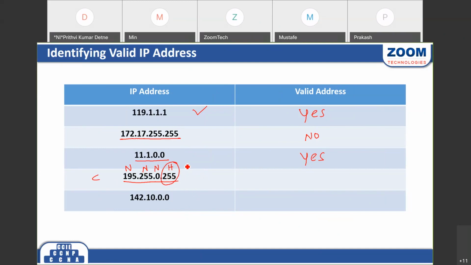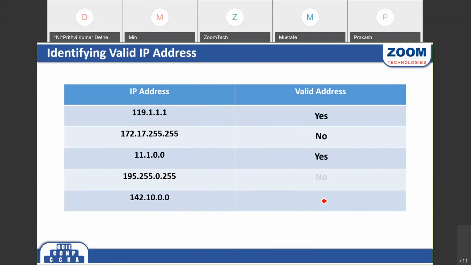If the host portion is 255, it's a broadcast ID, so it is not valid. Now, the last example: 142.10.0.0. It's a network ID, not valid.